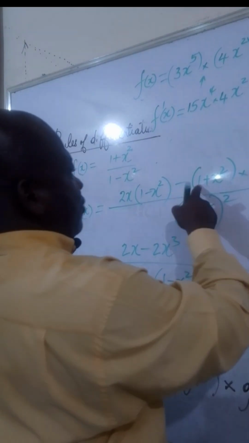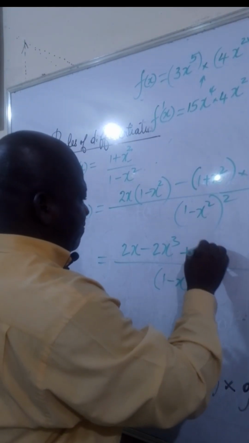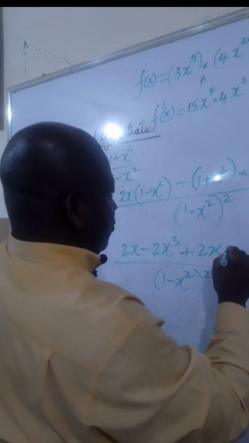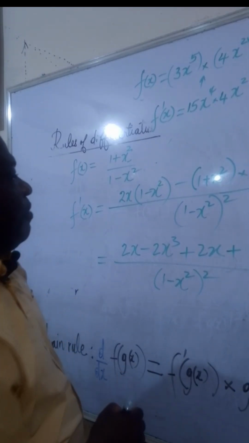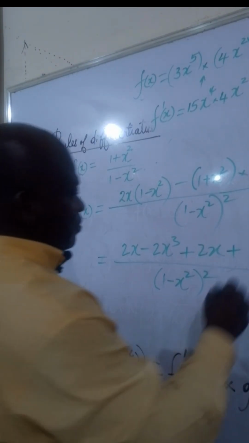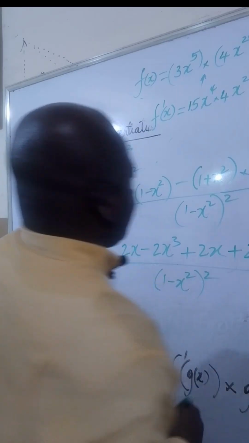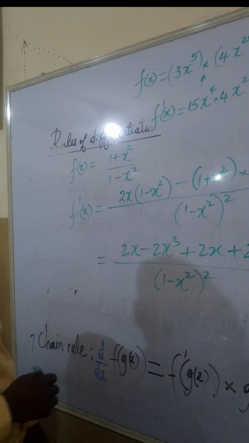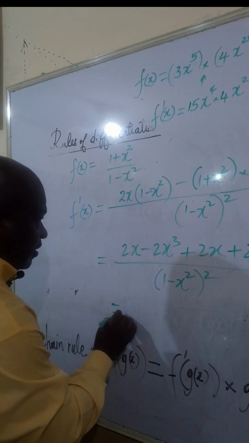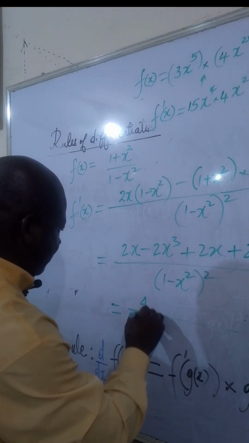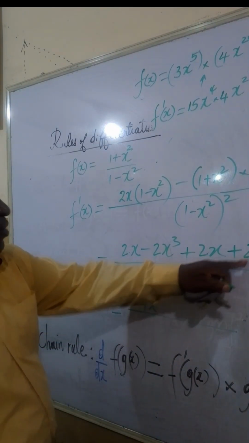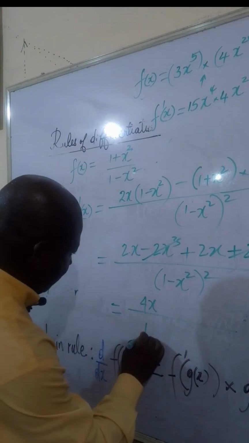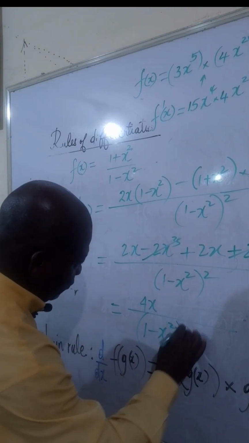Minus x, minus 1 minus 2, that's plus 2x. Minus x squared, minus 2x, that's plus 2x cubed. Now we can add like terms together. 2x plus 2x will give us 4x, minus 2x cubed plus 2x cubed, they will cancel each other, all over 1 minus x squared raised to power 2.